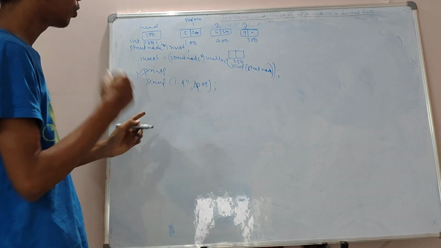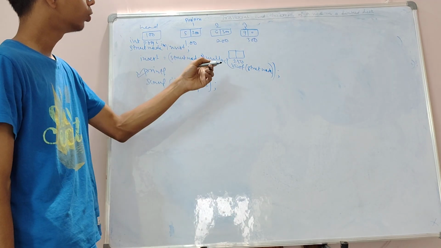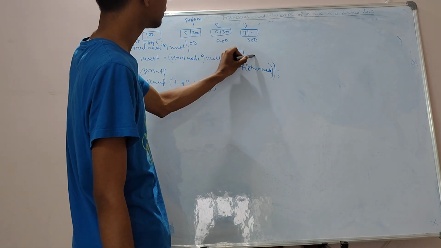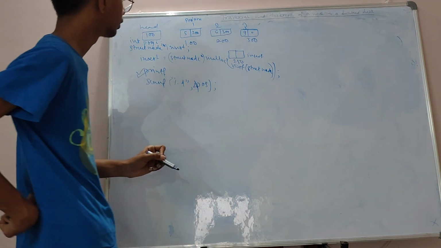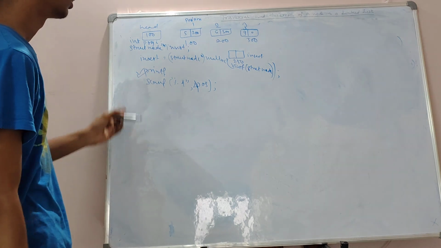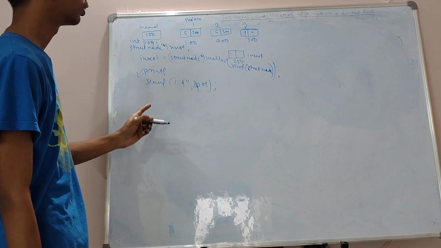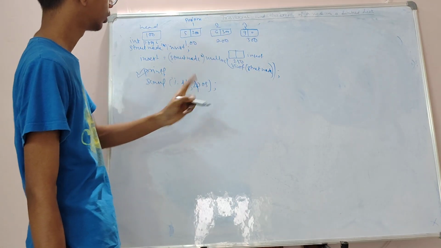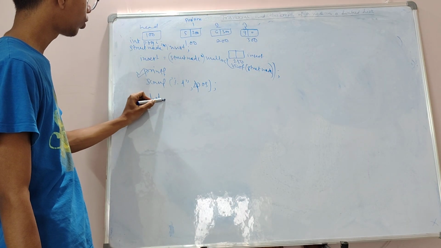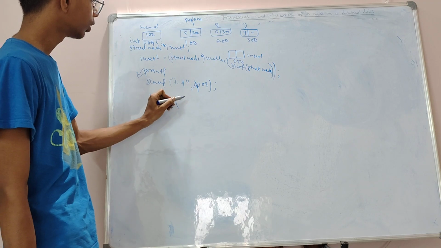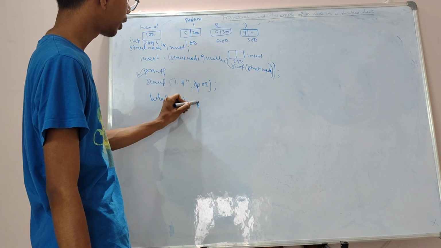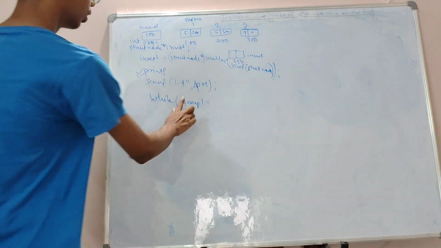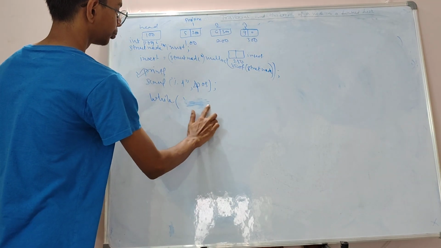So for inserting the node after second position, this is insert, and I will first, using the temp pointer, go from here to here. So I will run a while loop, or simply you can do one thing.